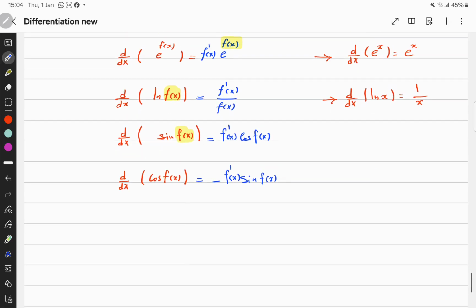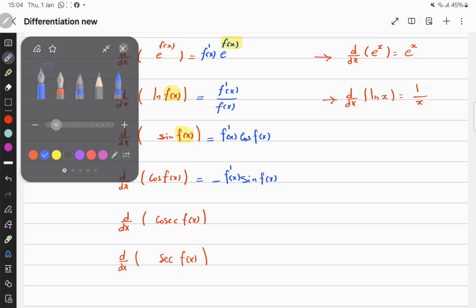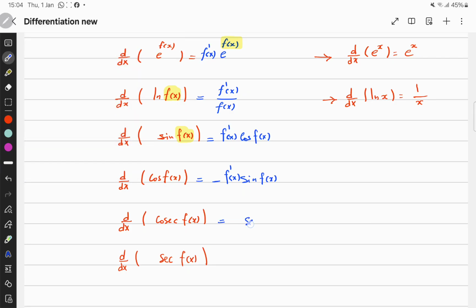Then the derivative of sec or cosec f of x. The derivative of sec will be sec for the same angle times tan. Sorry for that.